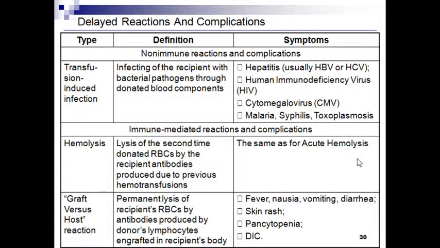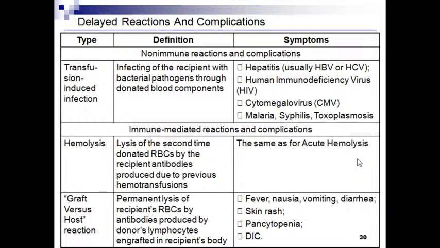Delayed reactions and complications. Non-immune delayed reaction, transfusion-induced infection. Infection may happen due to infecting of recipient body with pathogens, viral or bacterial pathogens present in donated blood.